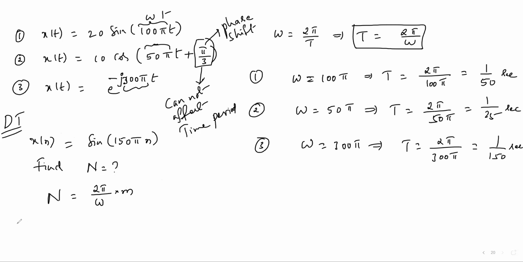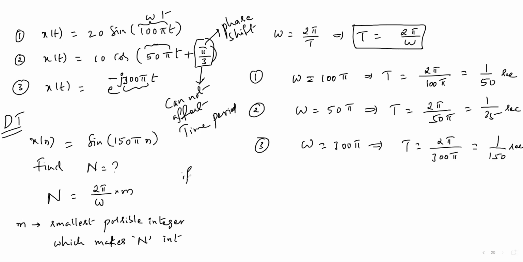Here, small m is the smallest possible integer which makes capital N an integer.